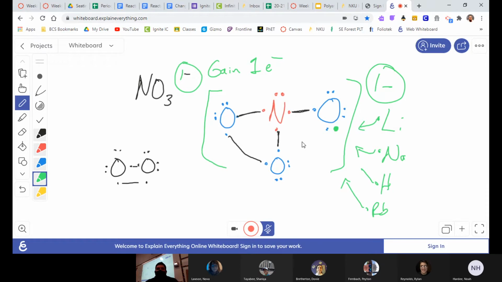Okay? So nitrate all by itself won't just exist. Somebody or something's going to have to give it an extra electron, and that's why it's called an ion. Ions are not satisfied until somebody loses or gains an electron. So this nitrate needs to gain an electron first. Let's see where it goes from there.